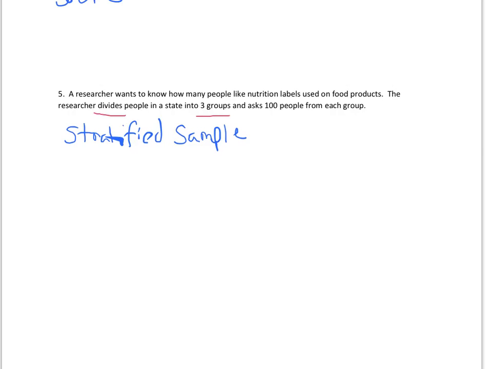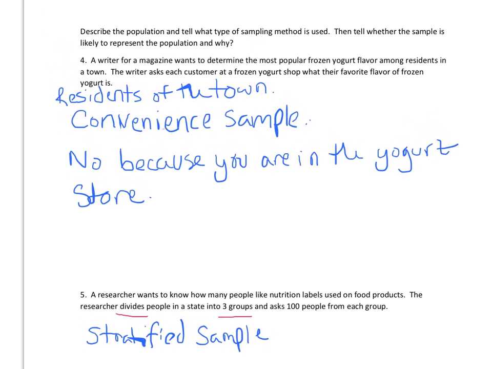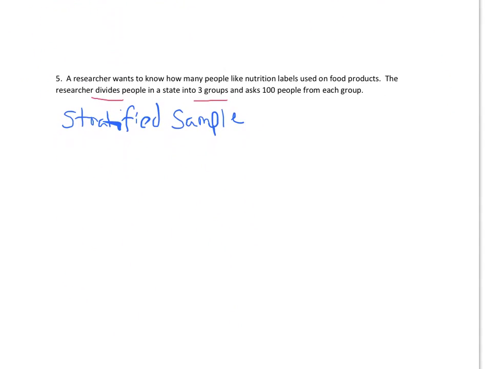But if we look back, we're supposed to also describe the population. It says a researcher wants to know how many people, so just the general population. So residents of the state, because it said people in the state. Instead of residents of a town, this one's dealing with residents of the state.